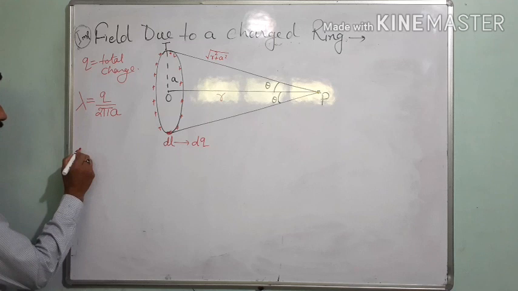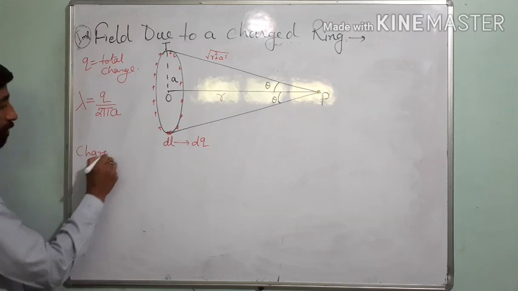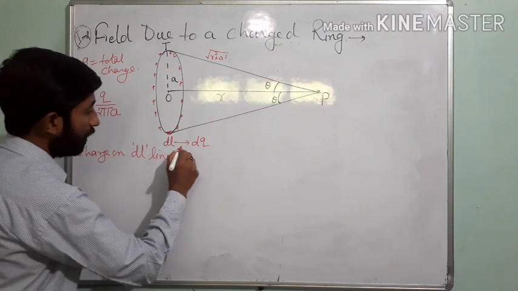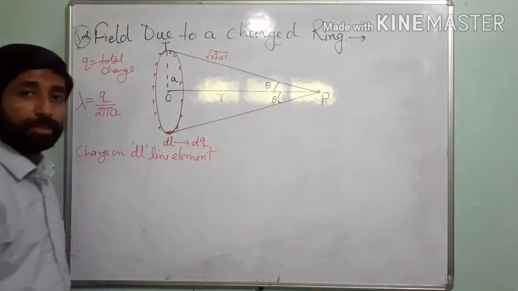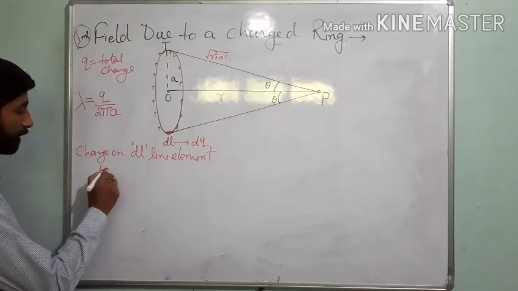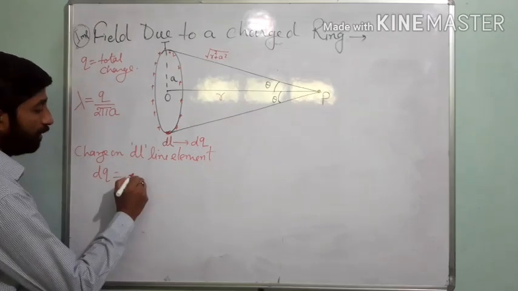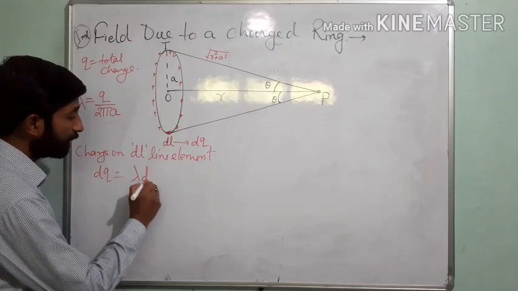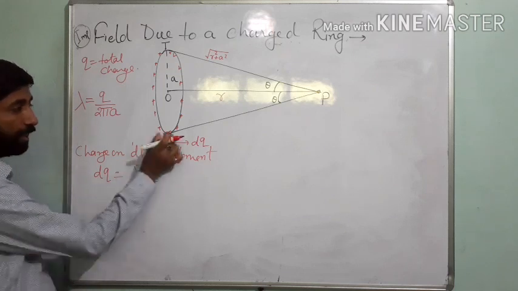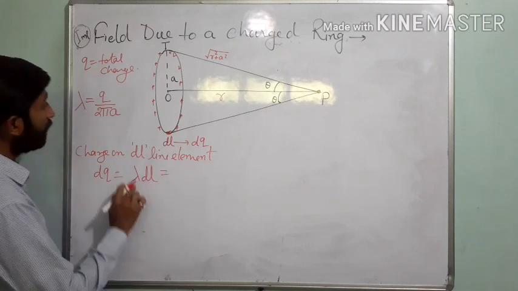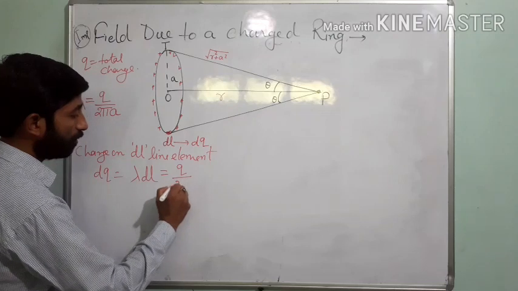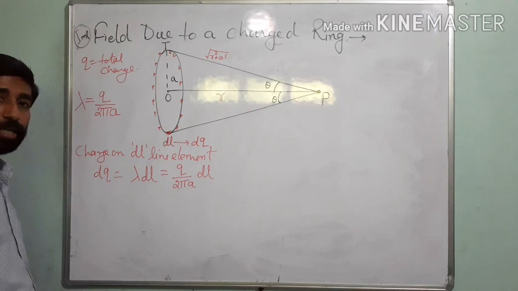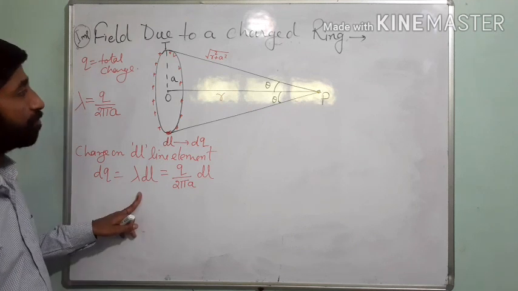So dq is the charge on the dl line element, equal to its linear charge density multiplied by the length of that particular segment. So dq is equal to Q upon 2 pi A into dl. Okay, so far things are quite easy.